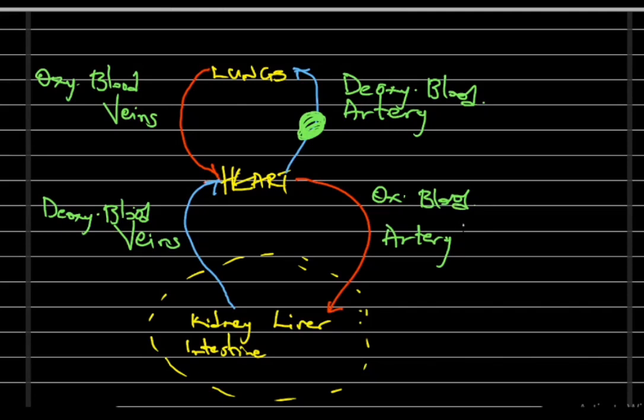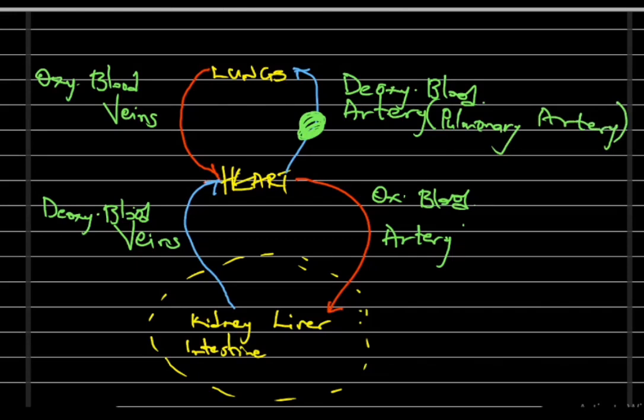The only one that is not carrying oxygenated blood is the one that is supplying the lungs. That one carries deoxygenated blood. So that particular artery, this one here, is called pulmonary artery. The one that supplies the lungs is called pulmonary artery.